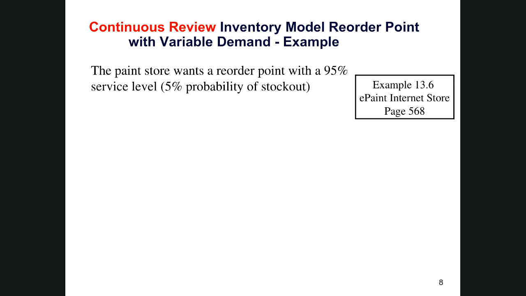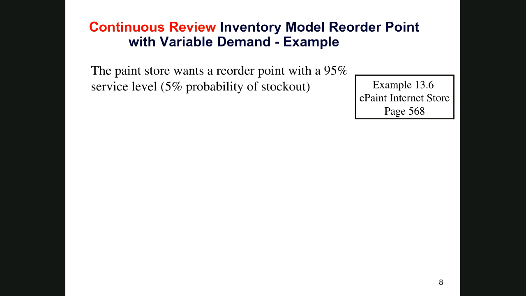And so for the ePaint Internet Store, we will assume that daily demand for iron coat paint is normally distributed with an average daily demand of 30 gallons and a standard deviation of 5 gallons per day. The lead time for receiving a new order of paint is 10 days. Determine the reorder point and the safety stock if the store wants a service level of 95%. That is, the probability of a stock out is only 5%.